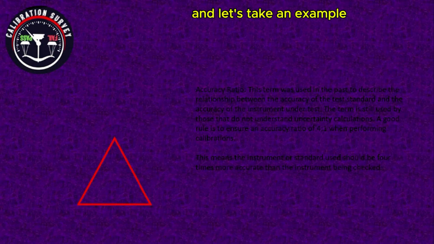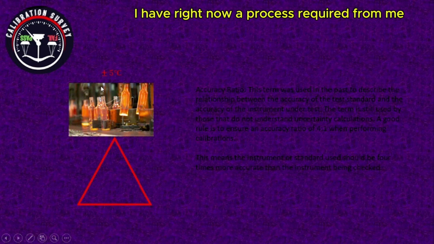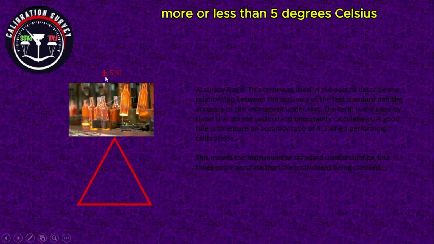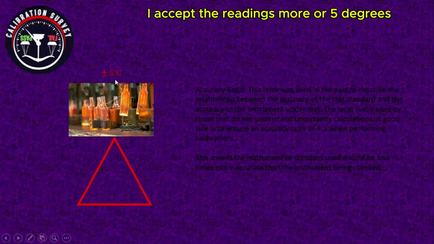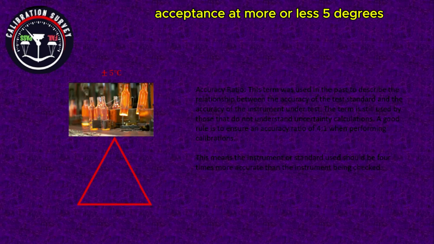Let's take an example. I have a process that requires more or less than 5 degrees Celsius. This process said I accept the readings at more or less 5 degrees. This is the tolerance that I am using in the process. Okay? So the process instruments acceptance is more or less 5 degrees.